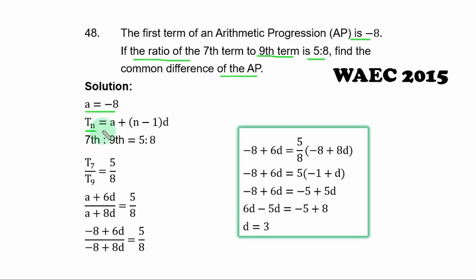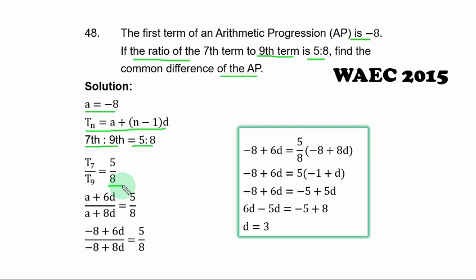We have the nth term formula. From the question, the 7th term to the 9th term is 5:8. You can express the ratio in fractional form. So you have the 7th term over the 9th term is equal to 5/8.